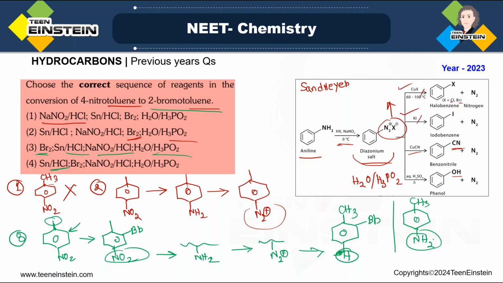Bromine will be controlled by NH2 more. That is, its position will be selected by the NH2 effect. But that is not right, because now bromine will be added, and it is so activating that sometimes bromine can be added twice at the ortho positions, but that is not desired. So keeping all the factors in mind, we have to choose the third option, right?